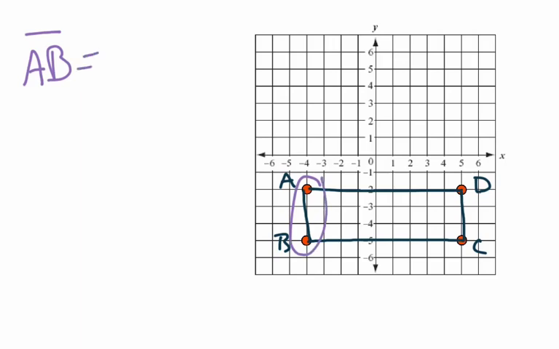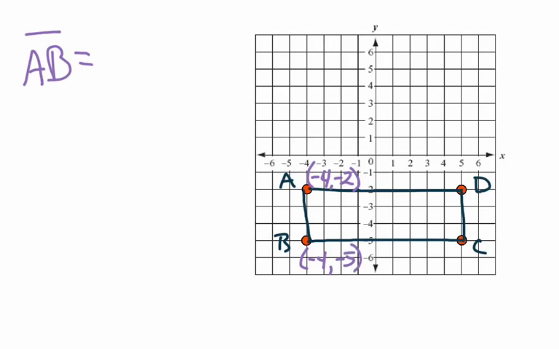A and B are in the same quadrant, so we subtract their absolute values. Point A is at (-4, -2) and point B is at (-4, -5).